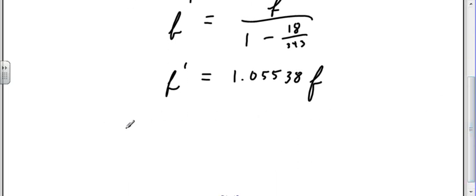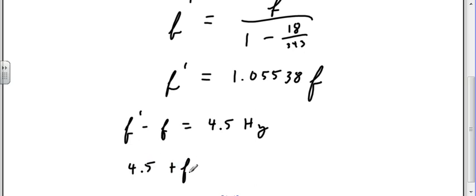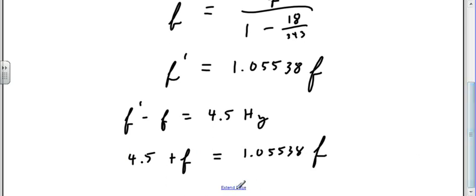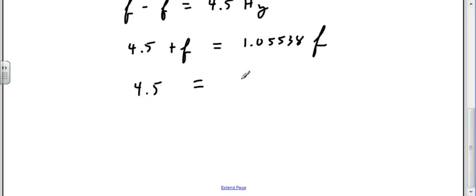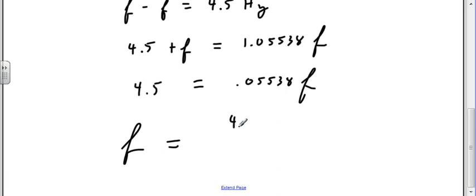Now, F prime minus F is going to be my beat of 4.5 hertz. Okay, so 4.5 plus F is equal to 1.05538 F. 4.5 is equal to 0.05538 F. F is equal to 4.5 divided by 0.05538, and we probably don't need that many significant digits, but that's okay, we have them anyway. 1 minus the answer.